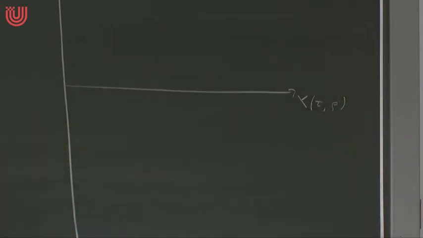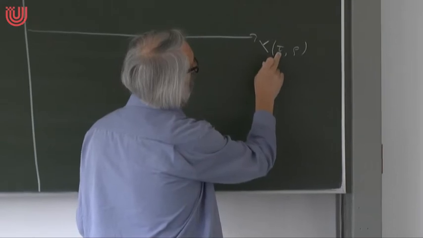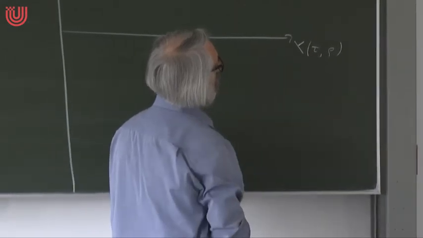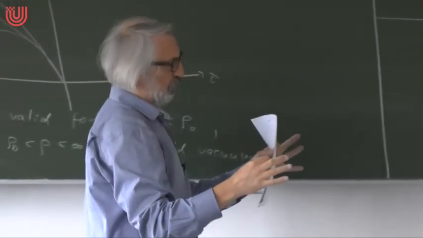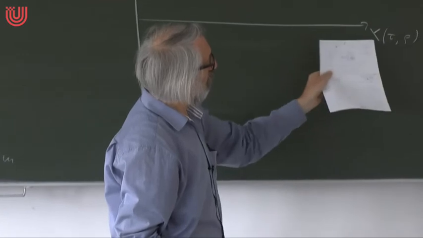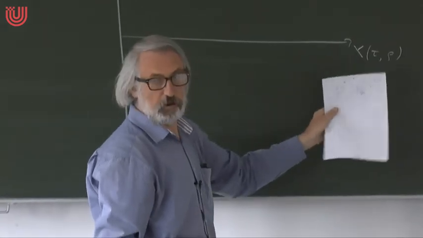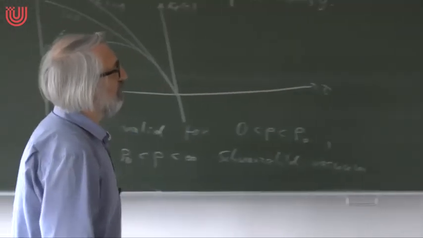This quantity gives us the area of the sphere, tau equal constant, rho equal constant, in particular for the surface of the star, and there it would be time dependent. Because if I fix rho, then this expression depends on tau. So the surface, if it's really measured with a metric, is time dependent.